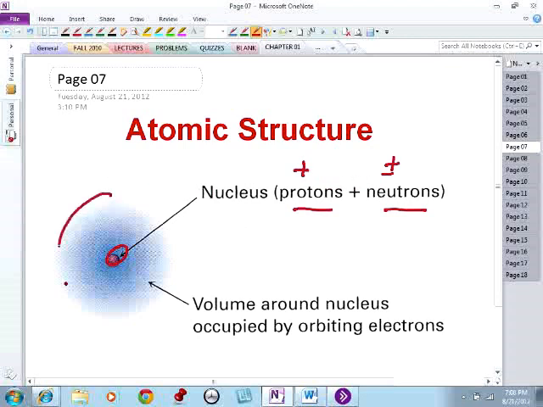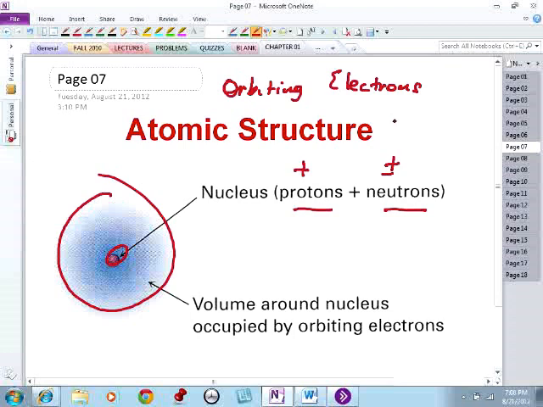Now, surrounding the nucleus, you have what we call orbiting electrons. Electrons just moving around the vicinity of the nucleus. And these electrons simply do not just move around anywhere they want. They are specific region or space around the nucleus in which you can find the electrons.